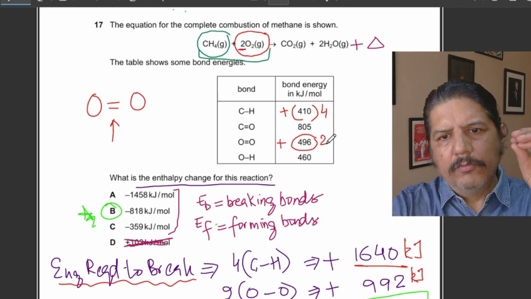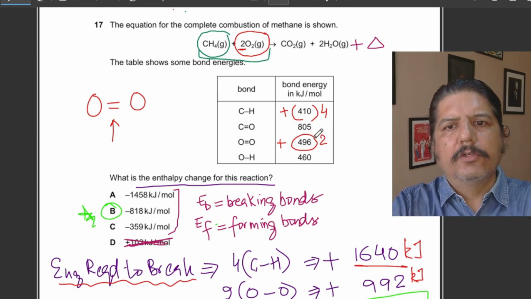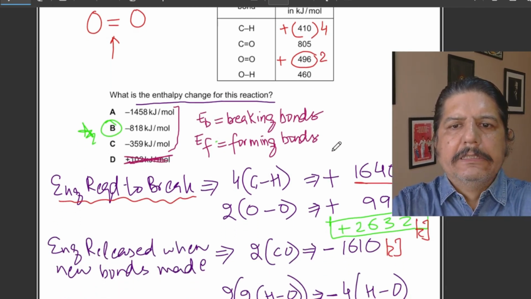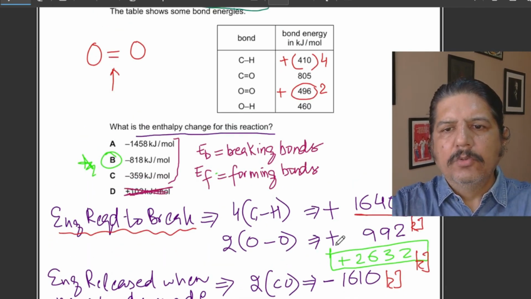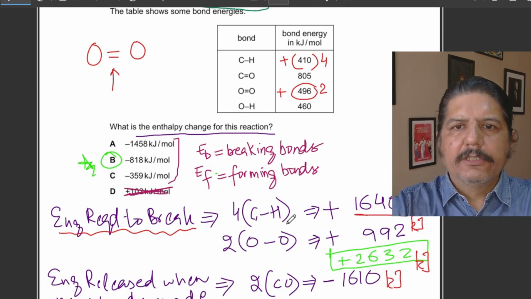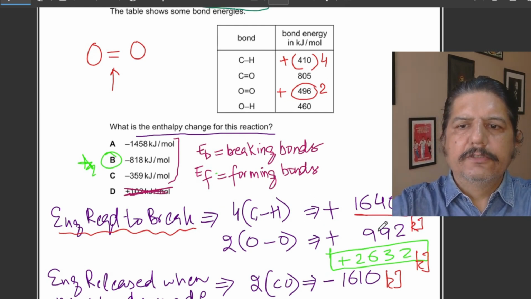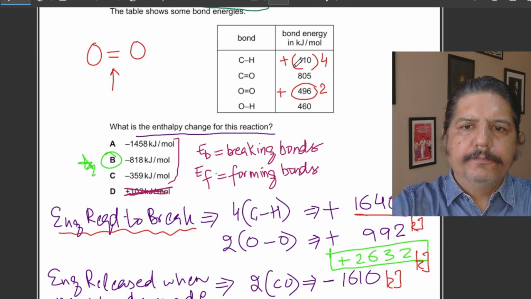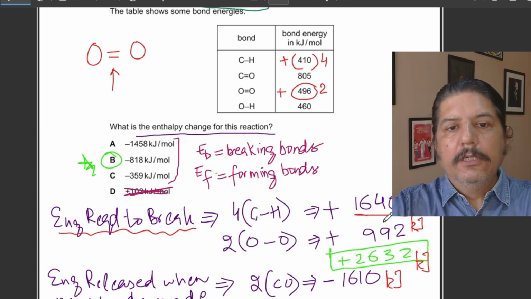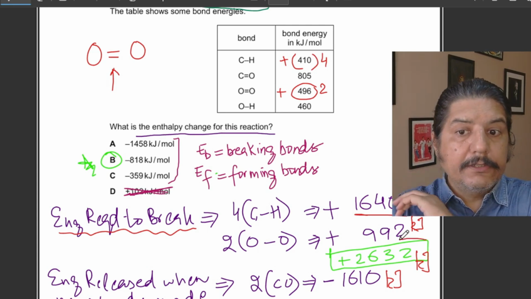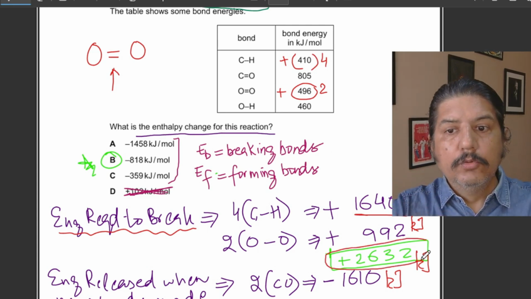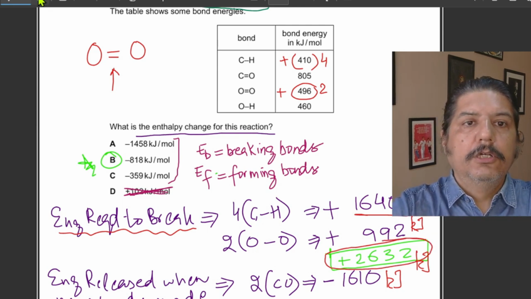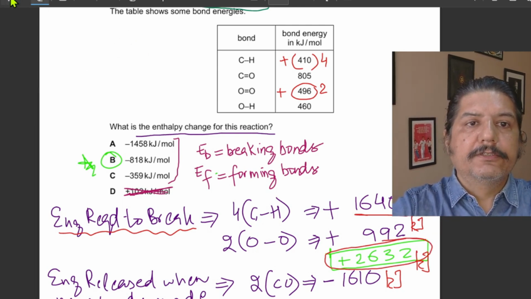The energy would be multiplied by 2 because there are 2 moles of oxygen molecules which I am breaking. So that is why you see here the calculation is 496 into 2 is 992, and 4 into 410 is 1640. So what I'm trying to tell you is that 2632 kilojoules of energy would be put in the system.